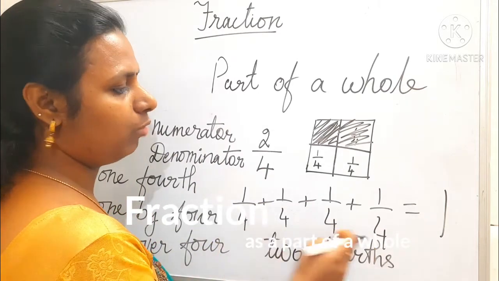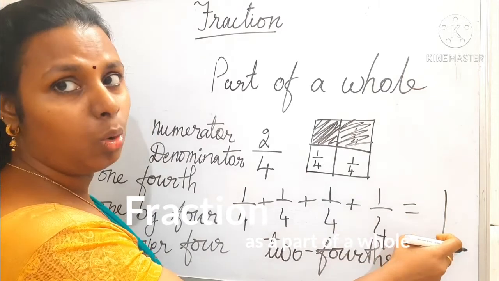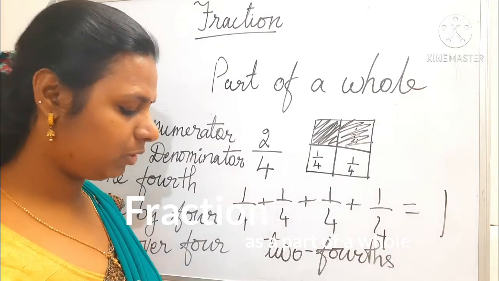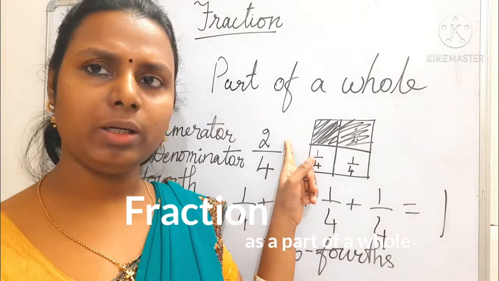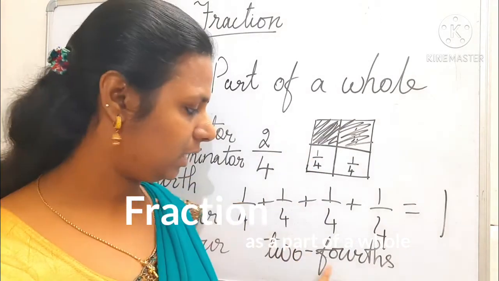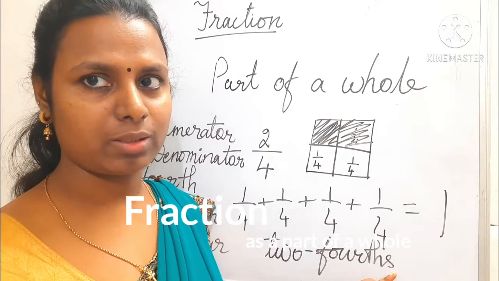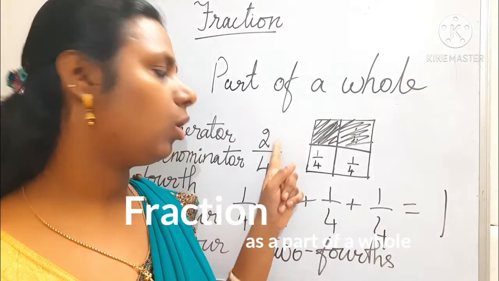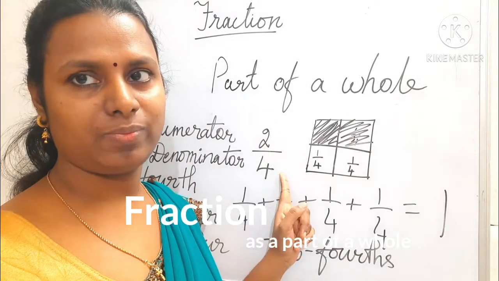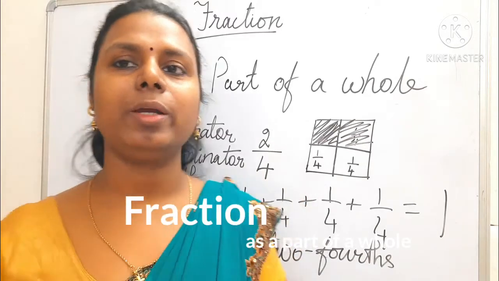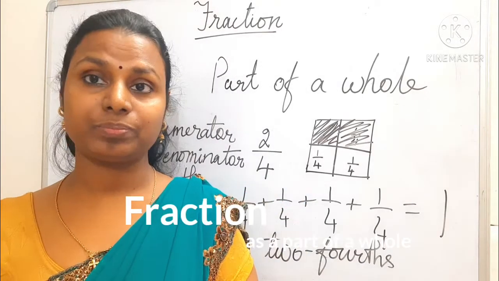For more than 1 we add s to the ordinal number, that is the denominator. Now we call it 2/4. Now you understood.